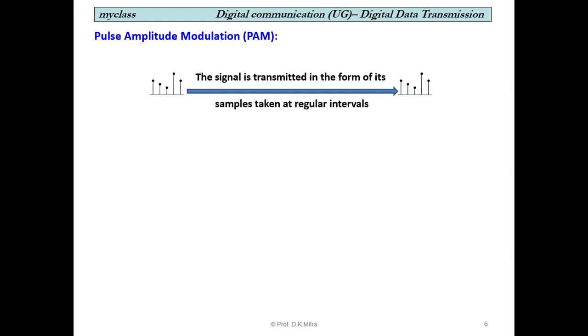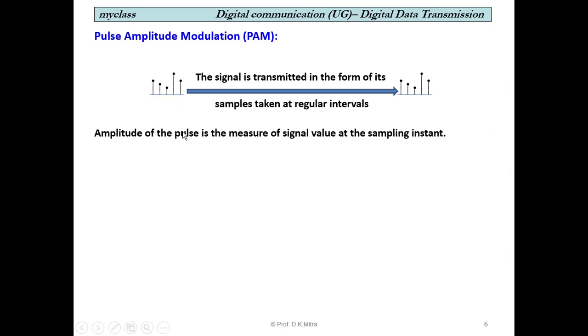So this is pulse amplitude modulation or PAM, where the amplitude of the pulse carries the information of the signal value at that particular instant. Okay. Then it is written here, the amplitude of the pulse is the measure of the signal value at that sampling instant. This is pulse amplitude modulation.